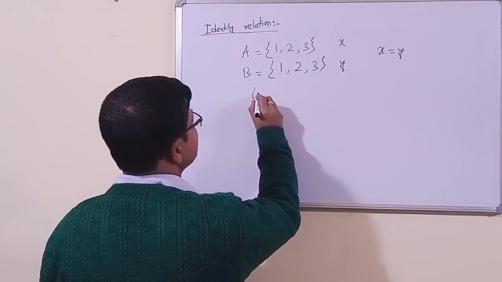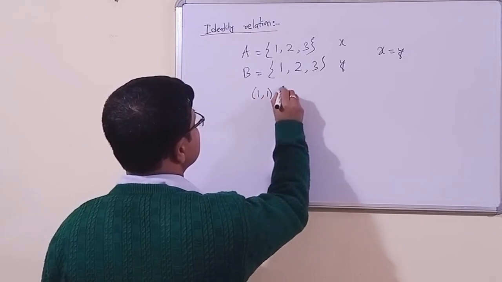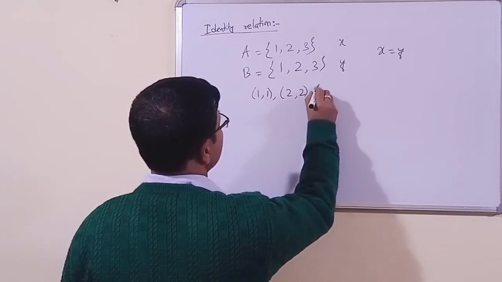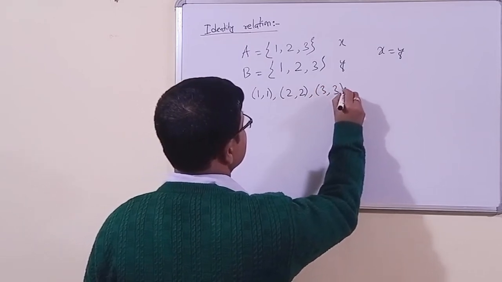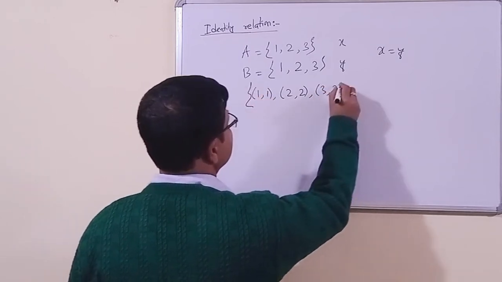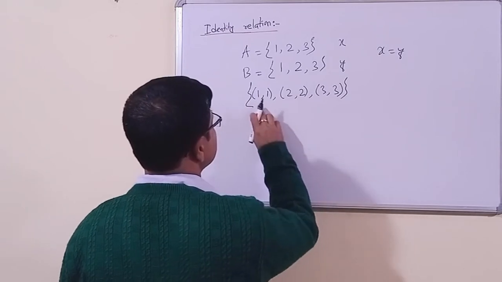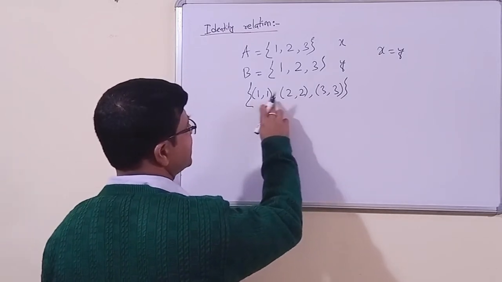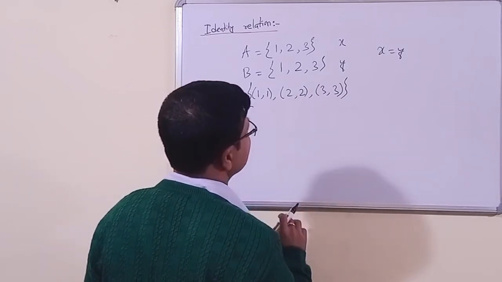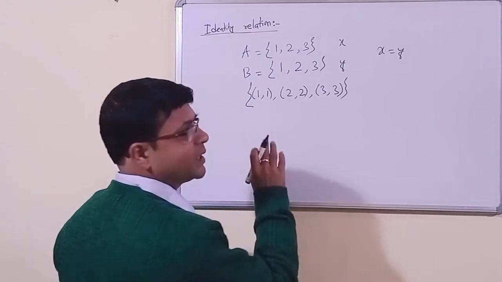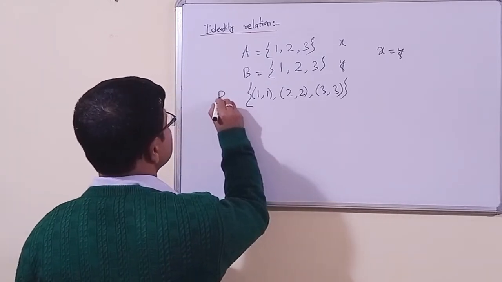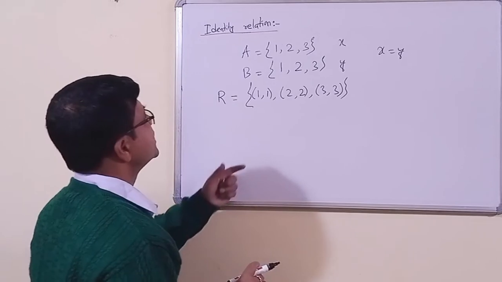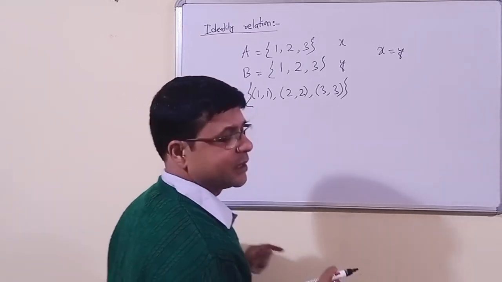Those elements which are equal, let us note down, and we get a set of the equal elements. First component and second component, they are equal. If we get such a relation, this type of relation is called identity relation.